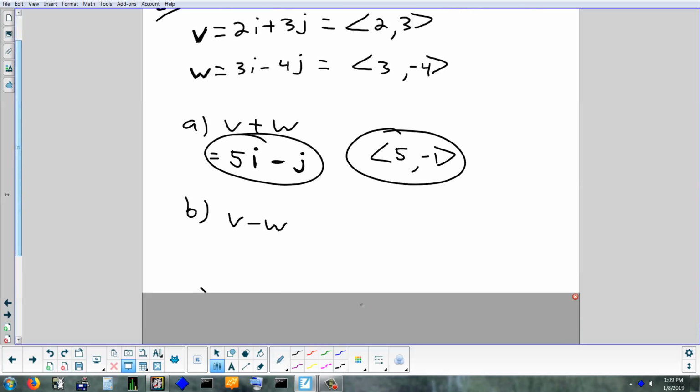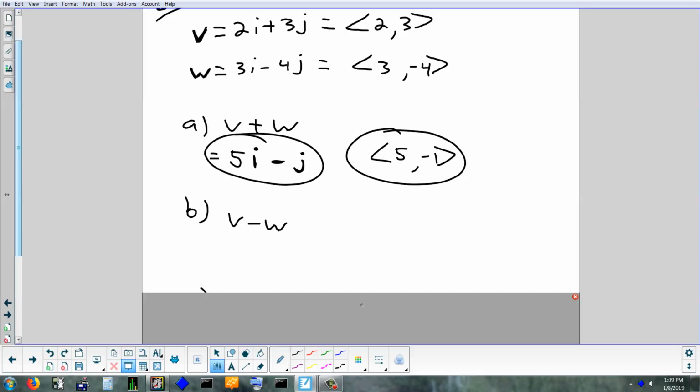First, what's your horizontal in v again? Not i, I'm looking for the actual number. What is the length of the horizontal part of v? 2. And what's the length of the horizontal part of w? And now subtract those two. -1. That's what you get when you do v minus w.